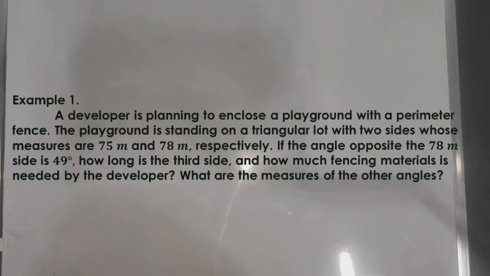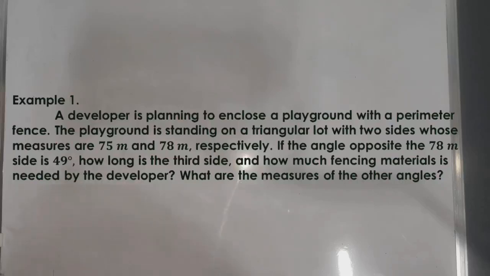So, for our first example, number 1, we will be solving a word problem involving an oblique triangle. So this is the word problem. A developer is planning to enclose a playground with a perimeter fence. The playground is standing on a triangular lot with two sides whose measures are 75 meters and 78 meters, respectively.